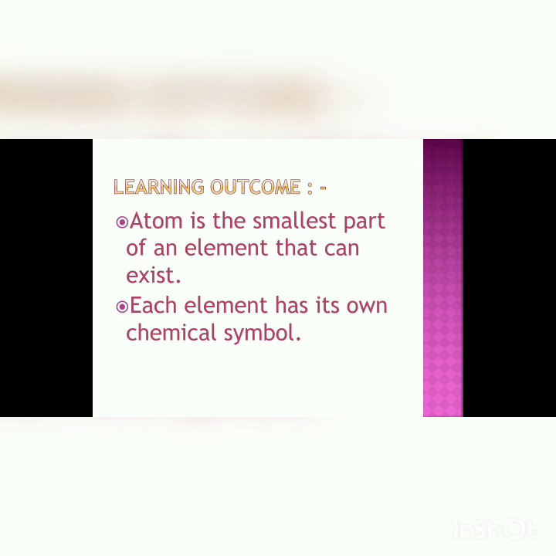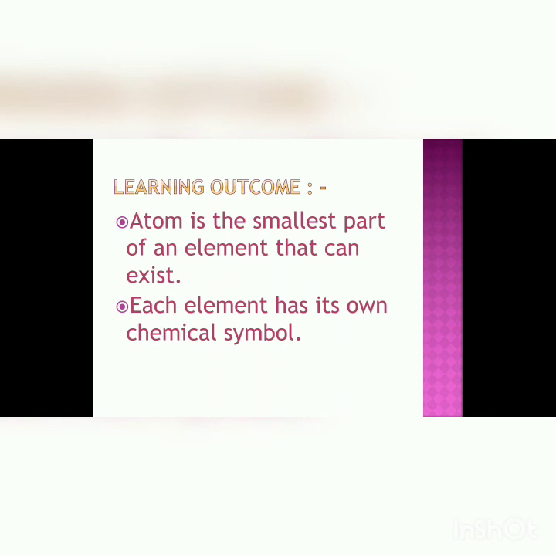All the zinc element will have the same type of atoms, but the atoms of zinc will be different from atoms of gold, silver, boron, carbon. Atoms of nitrogen will be the same, but atoms of nitrogen will be different from atoms of oxygen, fluorine, sodium, magnesium. In the same way, all elements have different types of atoms. They have their own unique type of atom.